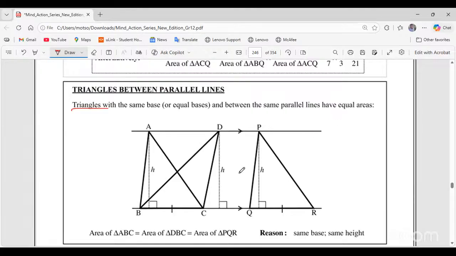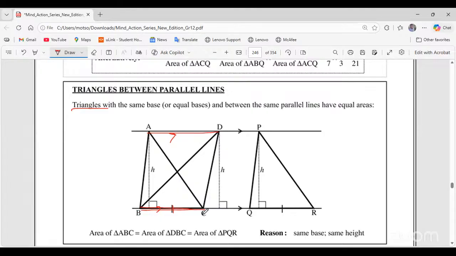So we can see that triangle ABC and triangle DBC have the same base here, this base BC. And these two triangles are between these parallel lines. What does that imply? That tells us that triangle ABC and triangle DBC have the same area.